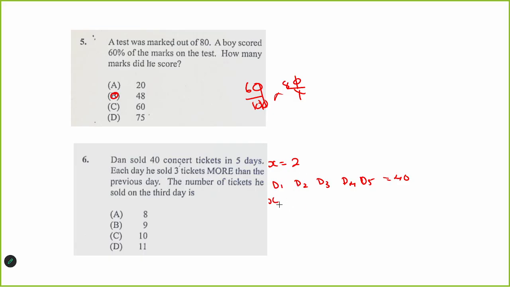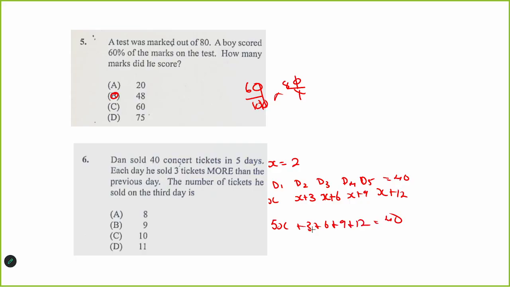So day 1 was X, day 2 was X plus 3, day 3 would have been X plus 6, day 4 would have been X plus 6 plus 3, which is X plus 9, and then X plus 9 plus 3 is X plus 12. When you add this all up, you equal it to 40. We have 5 X's plus 3 plus 6 plus 9 plus 12 equals 40.